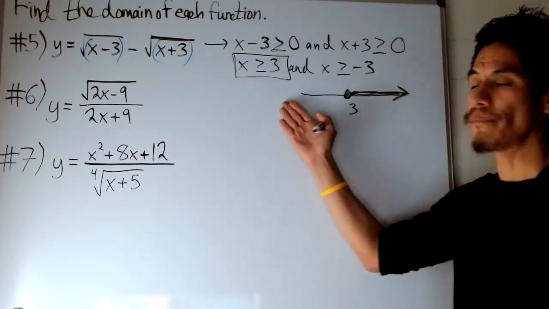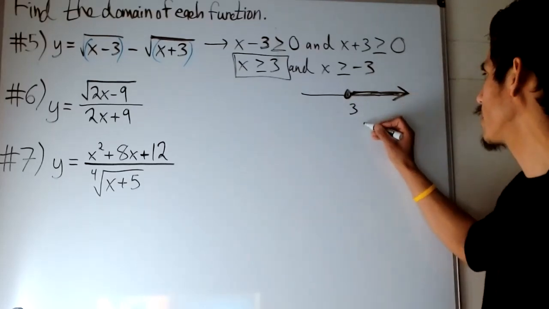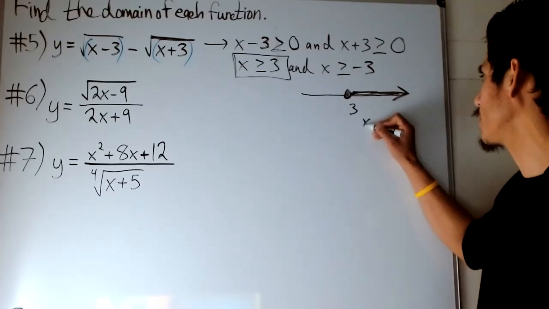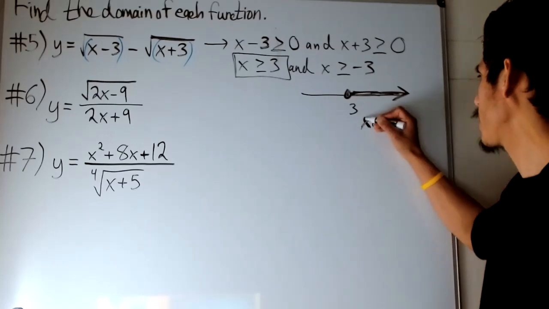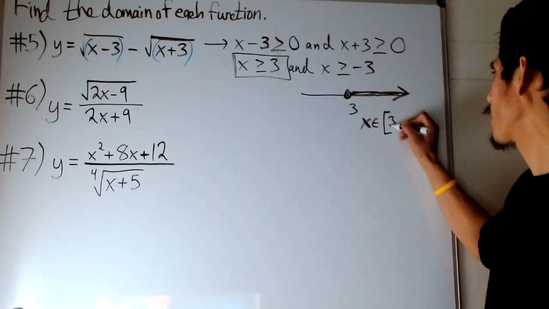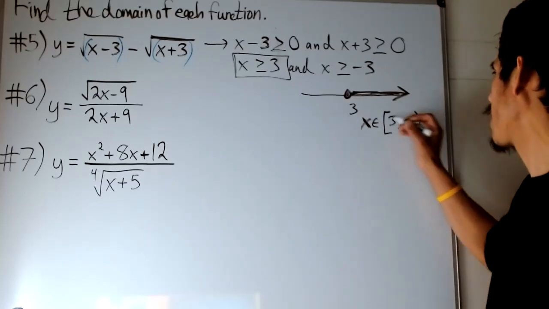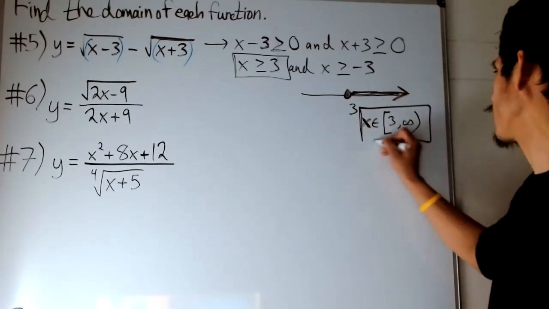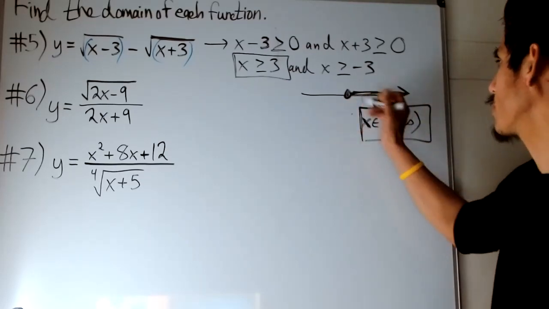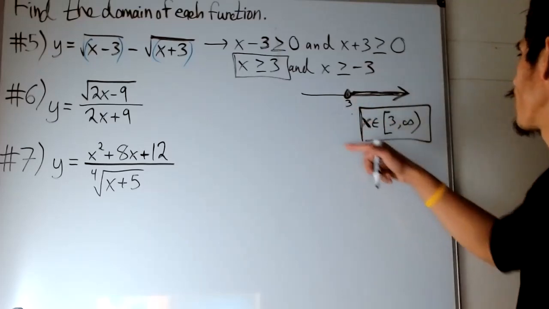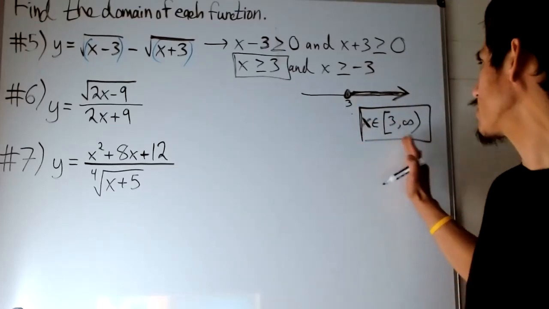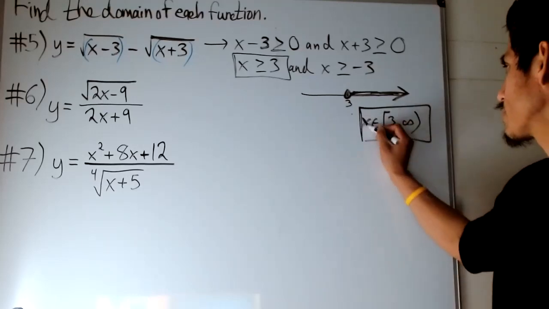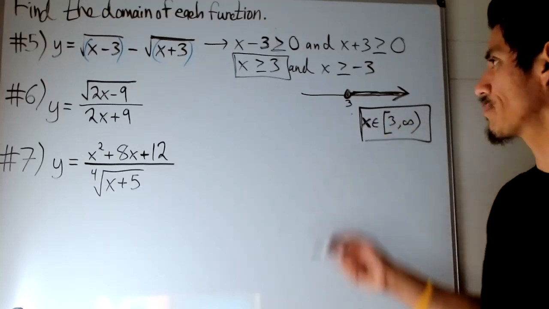If you want to write this in interval notation, that would just be a bracket around 3, comma, infinity, and a parenthesis around infinity. Let's put that 3 a little closer over here. If your teacher wants you to have it in interval notation. I like this notation better, but sometimes you've got to get used to it.